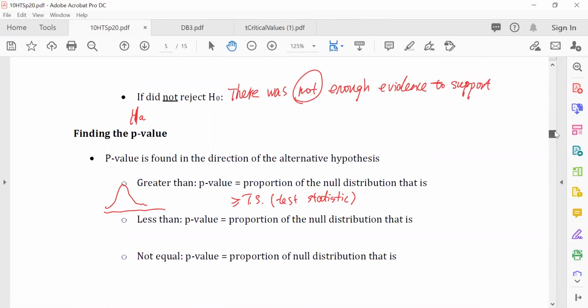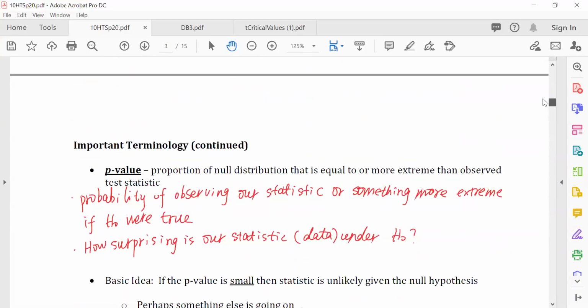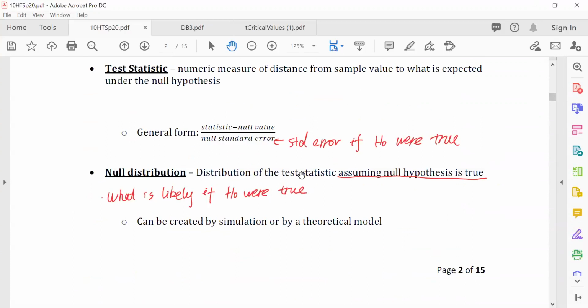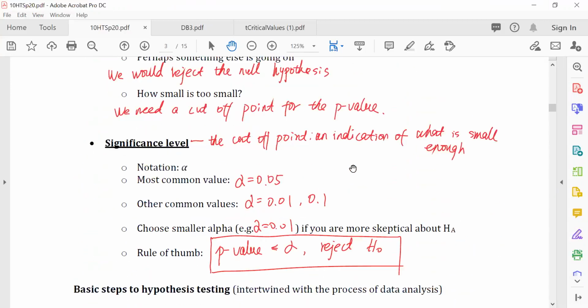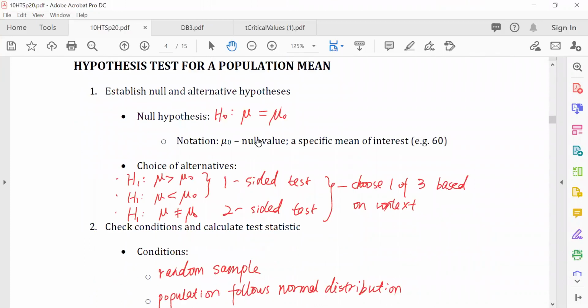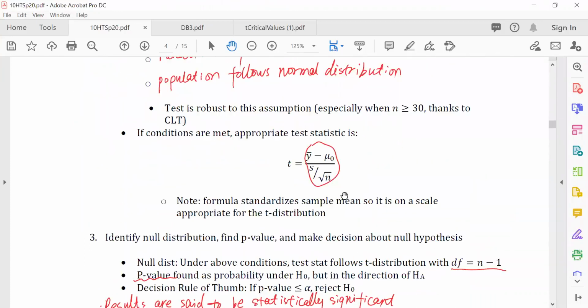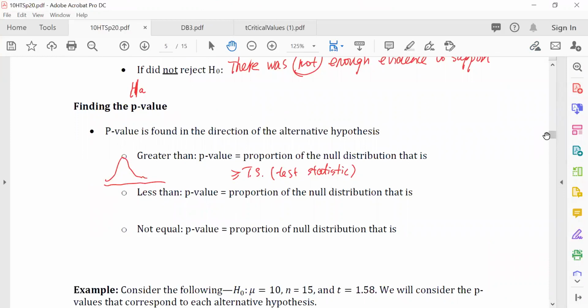That is the distribution of the test statistic assuming null hypothesis is true. And if we are trying to do a hypothesis test for the population mean here, it's going to be a t distribution with degrees of freedom equals to n minus 1. Now here is the null distribution.